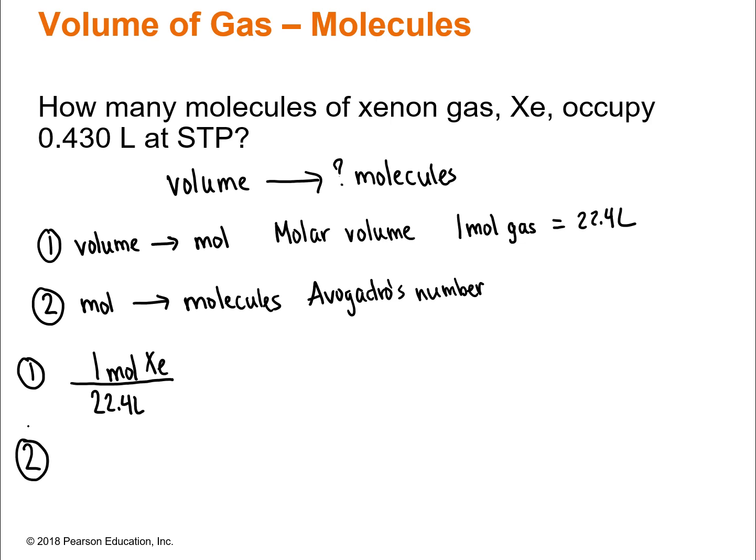For our second unit factor, we're taking moles and converting to molecules. We're using Avogadro's number here. Where do I put his number? The top or the bottom? And we're going to put his number at the top.